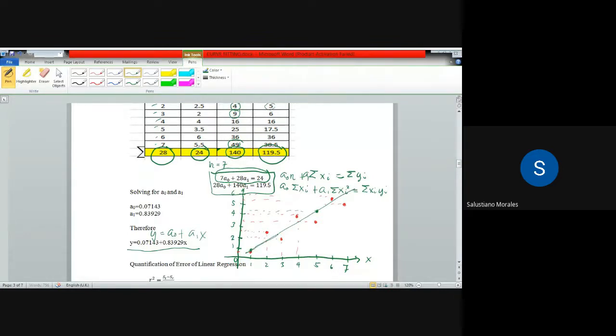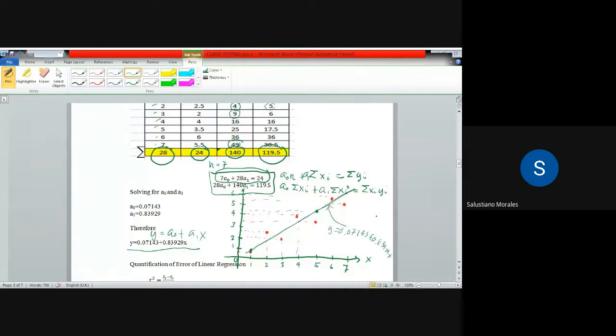So this is now the line that gives to us for that given equation y is equal to 0.07143 plus 0.83929x. So that is the derived equation.